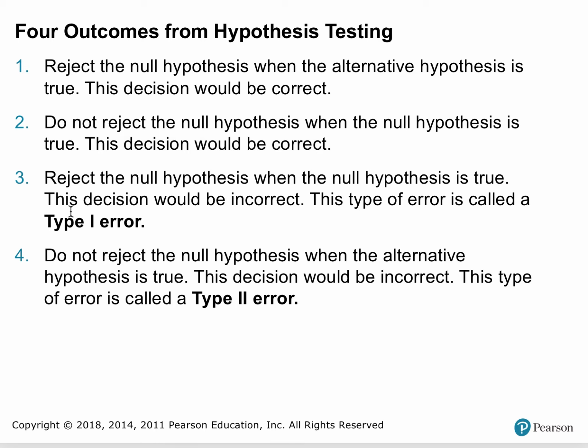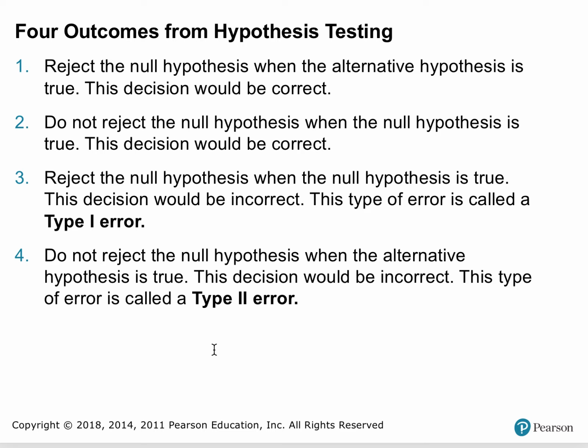This type of error is called a type 1 error. Or you could not reject the null hypothesis when you should have, when the alternative hypothesis is actually true, but you didn't reject the null hypothesis. That's another incorrect decision, and that's called a type 2 error. So in other words, when you're testing a hypothesis, there's always the possibility that your conclusion will be wrong.